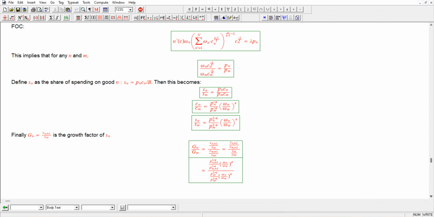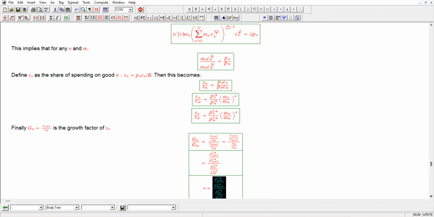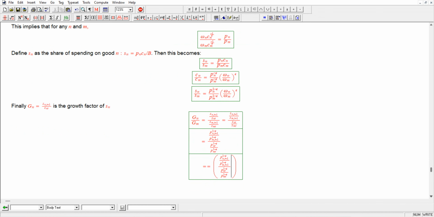Great. And we can see, of course, that the weights are going to cancel out, and we're going to be left with a fairly straightforward equation here. Let me put brackets around everything. We can take out the power and simplify.